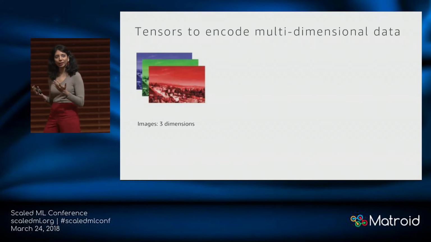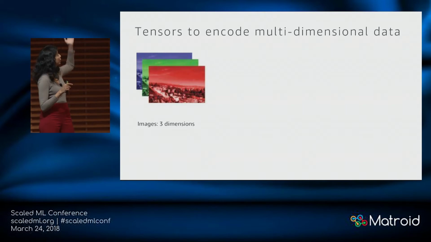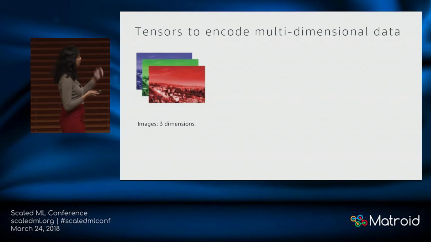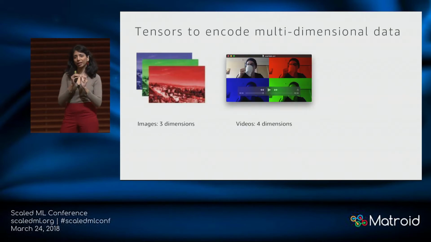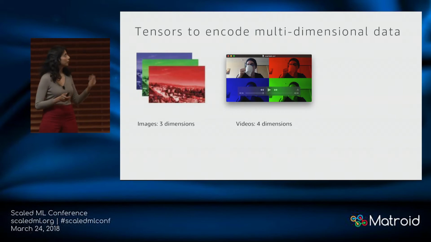If you think of an image, there are two dimensions, the width and the height of the image. If you also have multiple channels like red, green, and blue, then you have the third dimension. So in that sense, it's a three-dimensional object. If you think about video now, time is the fourth dimension. So you have a four-dimensional object, right?